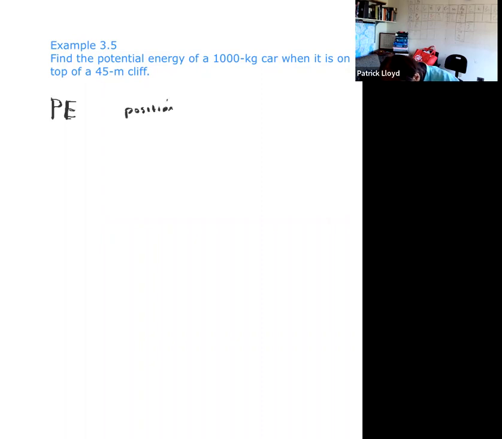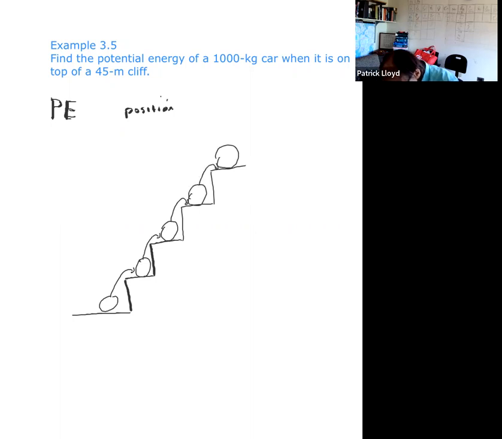And so, for example, suppose that we have a staircase, and we have a ball that can be in different levels of this staircase. Based on gravity, what we know is the higher up an object is, if it falls, it will eventually move faster than if it fell from a shorter distance, right?